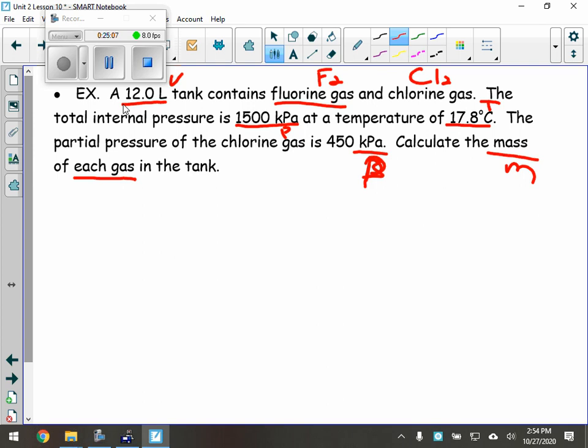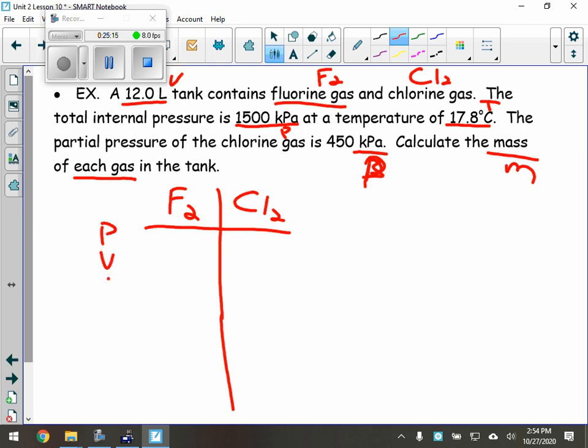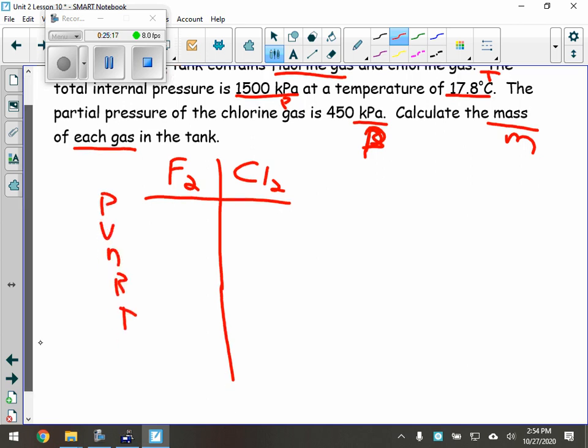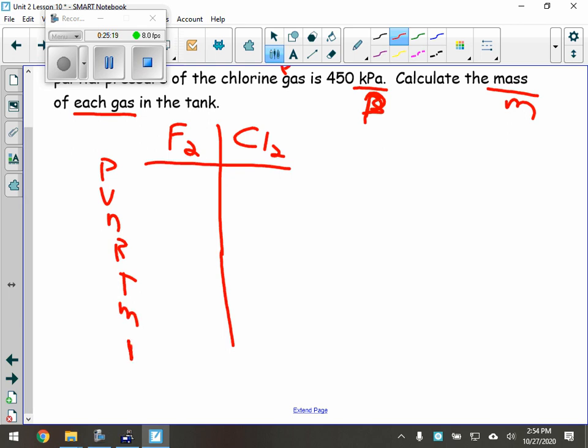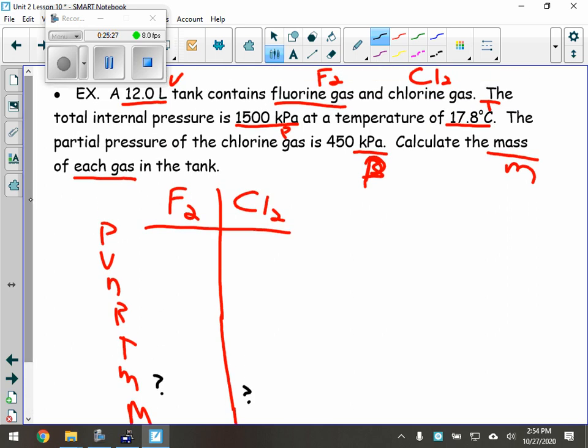So I'd say, let's write down fluorine, chlorine, and let's do some P and B and N and R and T and mass and molar mass. And again, we are trying to find the mass of each gas. Now, 12-liter tank, I can put that in, 12 liters.